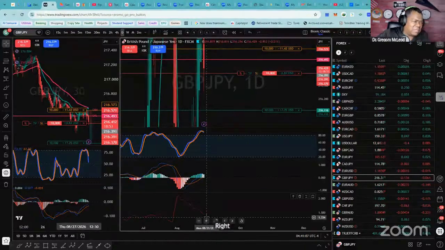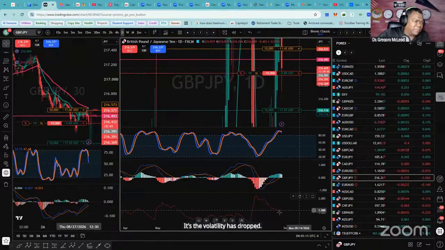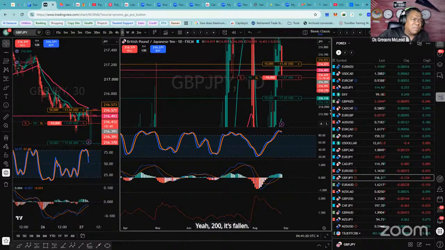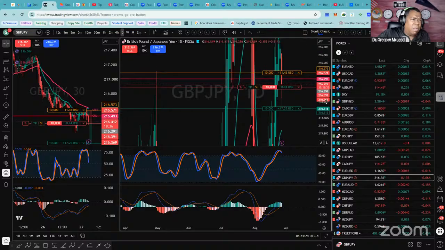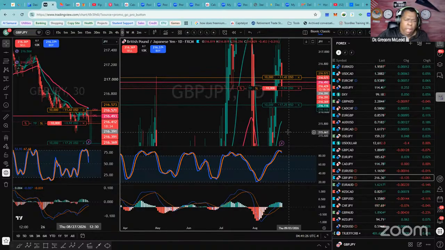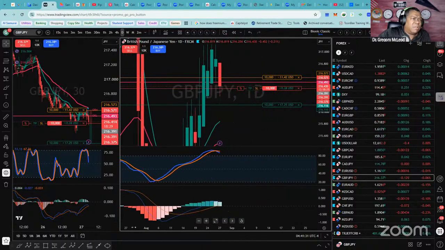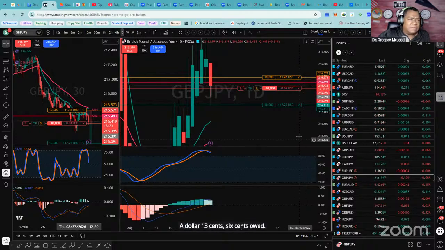So the volatility has dropped quite a bit. But usually it's in the 180s. Yeah, 200, but it's fallen.